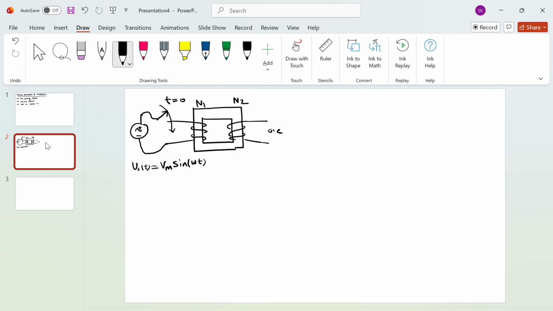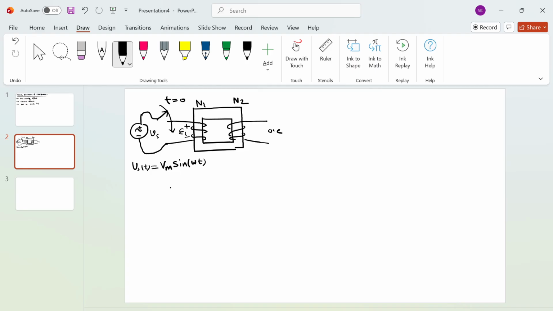Now the moment you close the switch, you will get some induced voltage here in the primary. If I assume the winding resistance is 0 and leakage reactance is 0, then the moment you close the switch, this Vs and E1 will be exactly the same.